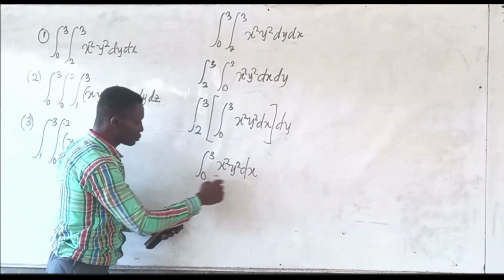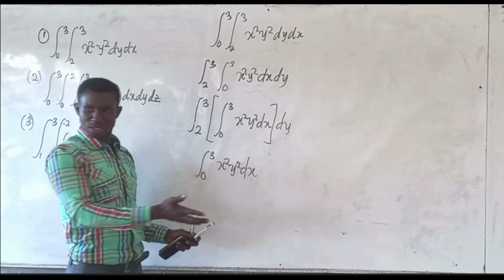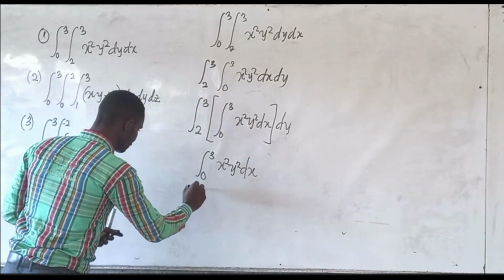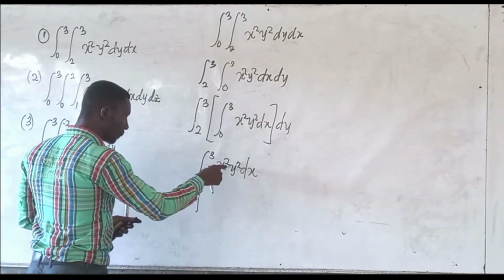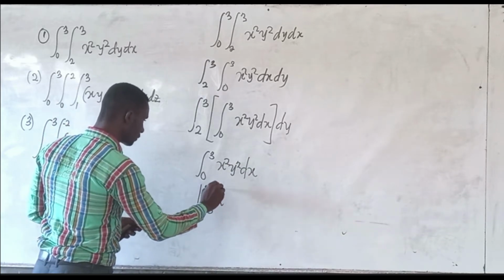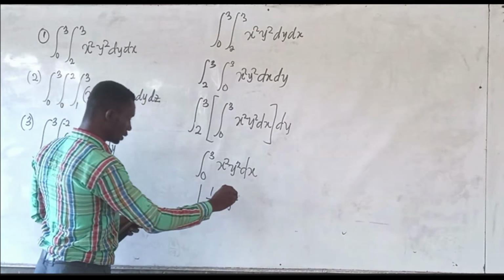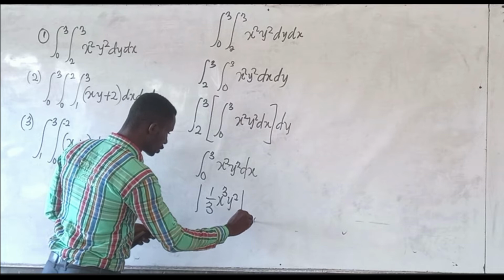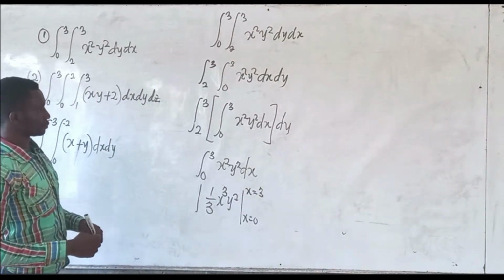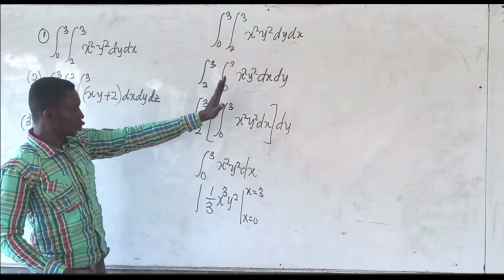Now if I'm integrating this with dx, it means I'm picking y as a constant, but integrating x. In that case, because the power is 2, I will get one over 3 x to the power 3 y squared, with x going from 0 to 3. The reason why I rearranged is that dealing with 0 is very easy.